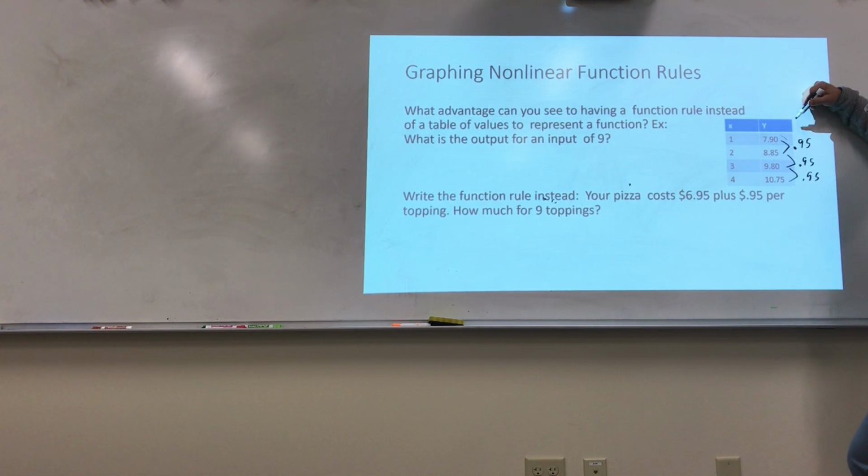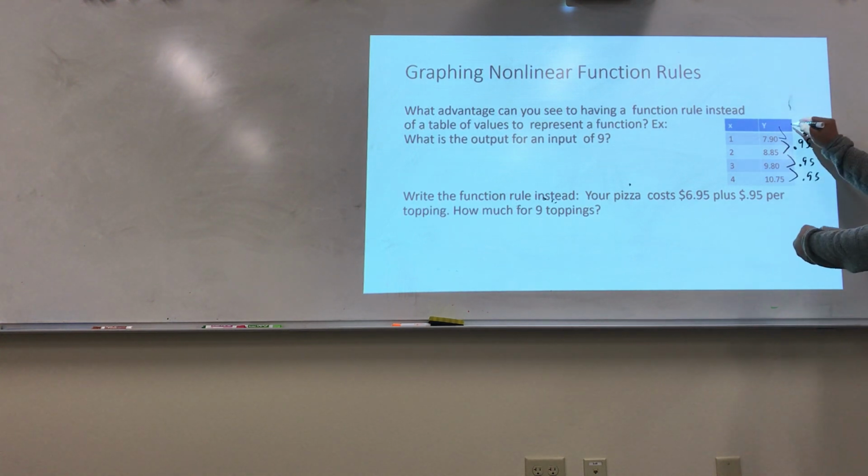So, what's taking place is you have this initial amount, which I'm not 100% sure what that is right now. I can find it though, because I know what I have to do to find it at 0: subtract 95 from that, which is going to be 695.